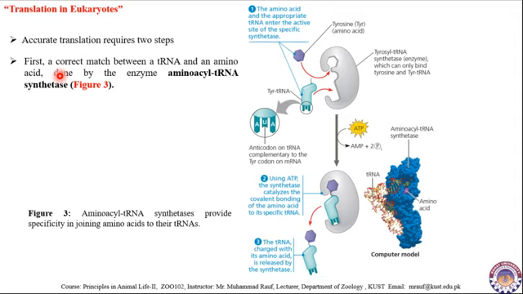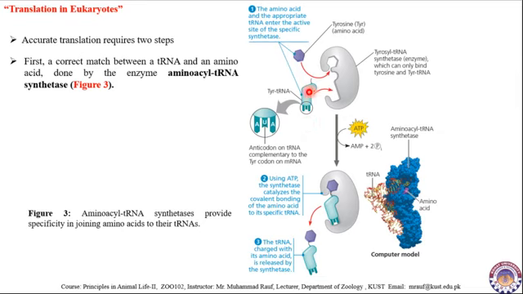Why am I saying correct? Because the transfer RNA contains an anticodon loop on its other end, which must be complementary to a specific codon in the messenger RNA, and the codons on the messenger RNA signify amino acids.